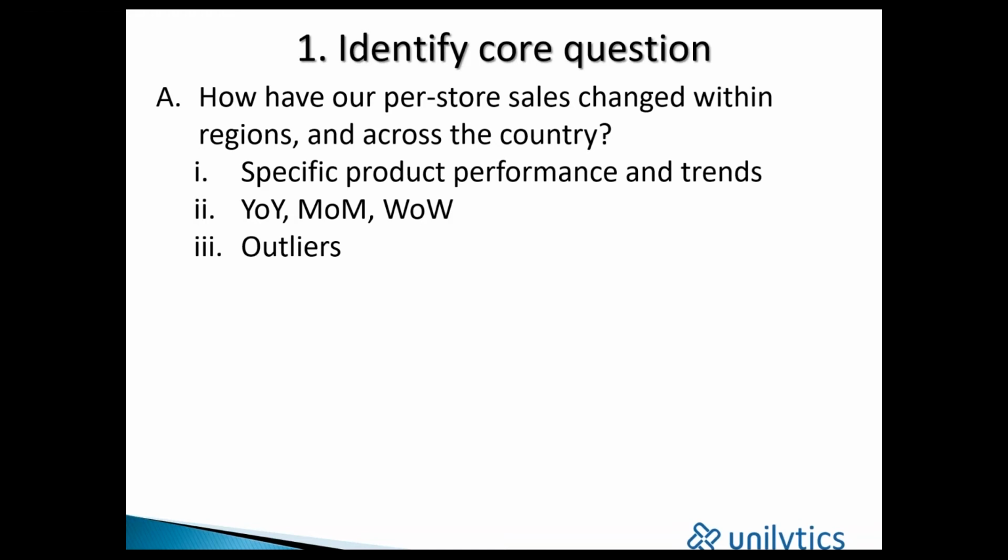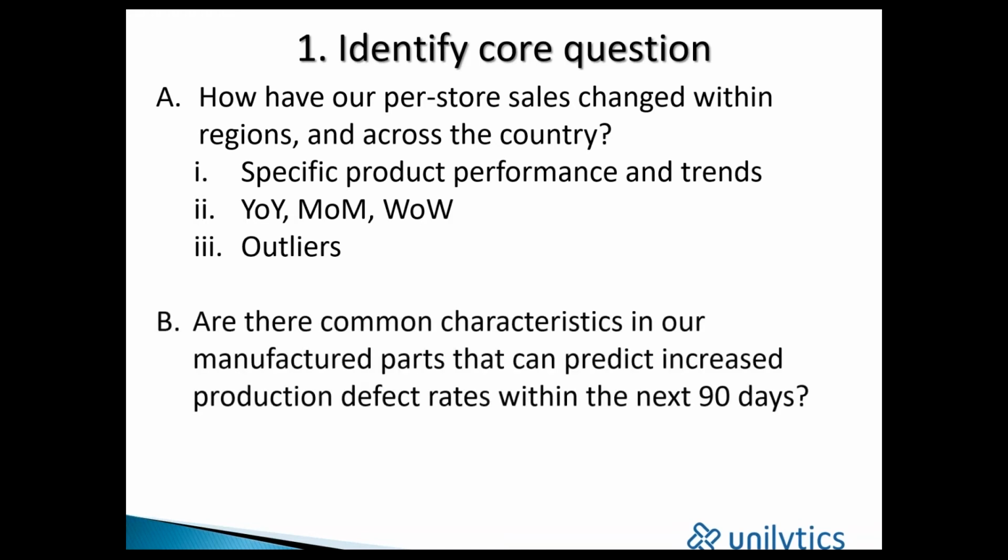In order for us to know the change, we want to know what product performance and trends were like. How does that change over a particular time period? If it's year over year, month over month, weekly, daily, those are items that we want to have as part of that global question. Are there any outliers that we should really be keeping an eye out for?